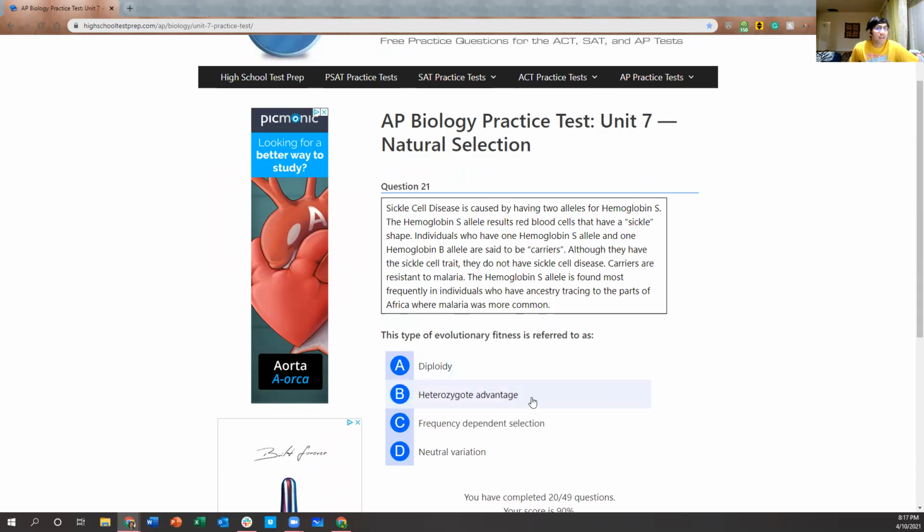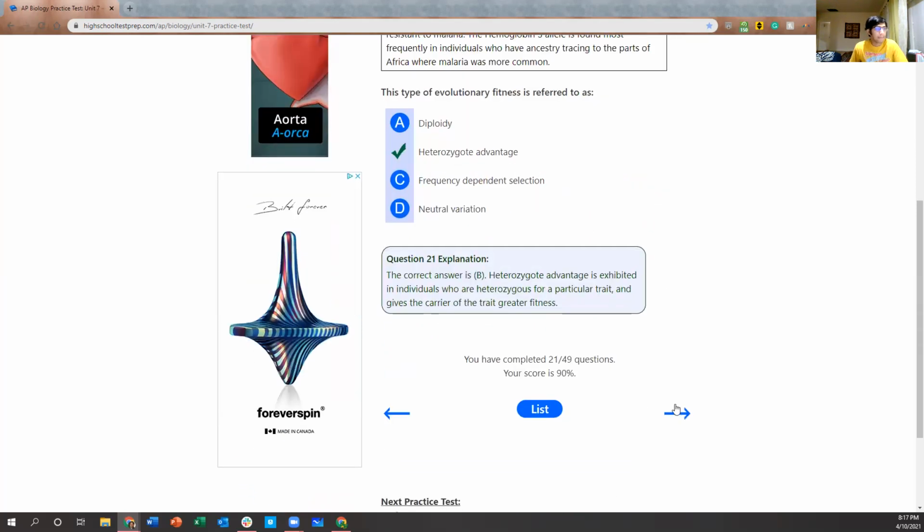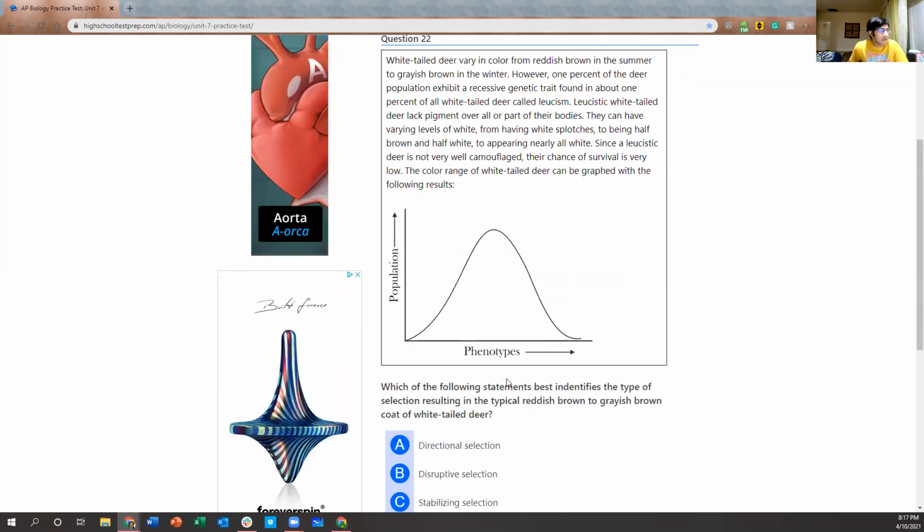That's why the recessive allele stays, even though the homozygous recessive is extremely fatal and causes sickle cell anemia. If you have the heterozygote version, with one dominant and one recessive, that can actually give you an advantage. It can help protect you from malaria. So that's heterozygote advantage. Okay.